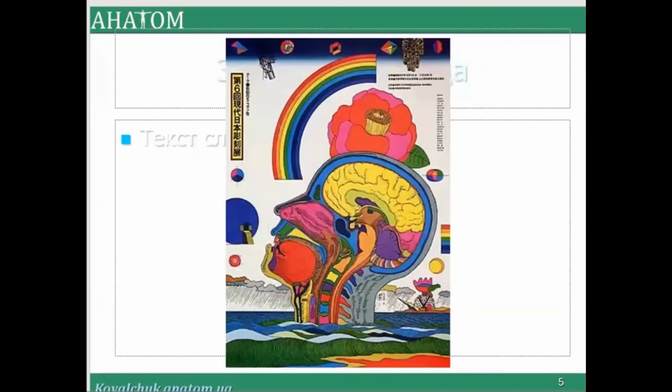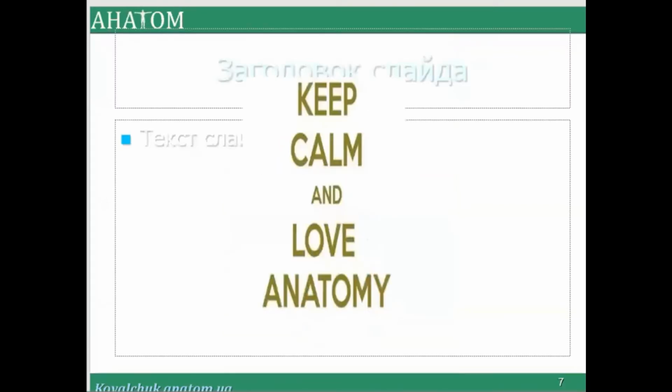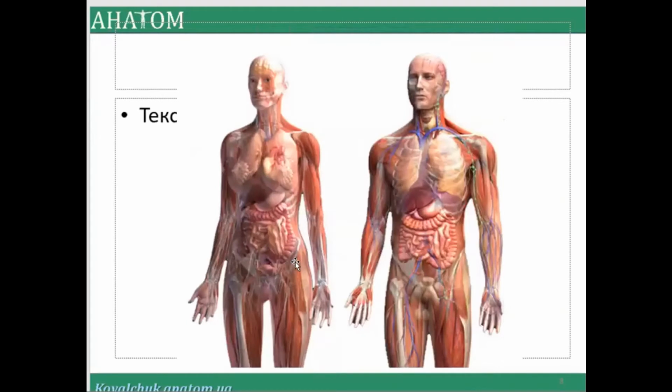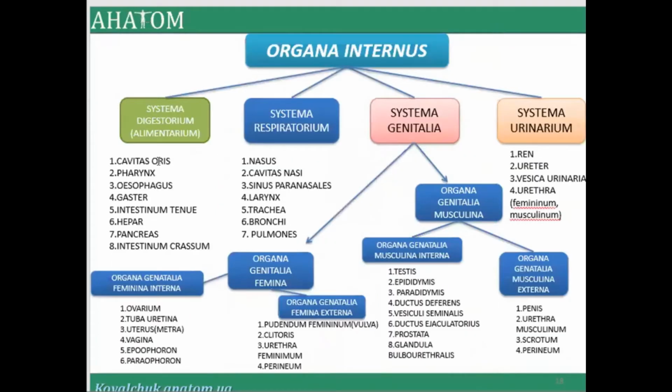So today we have the Splanchnology lecture. Splanchnology is a big part. All organs after the skin, really, are internal organs. But Splanchnology is only the digestive or alimentary system, respiratory system, genital and urinary system.